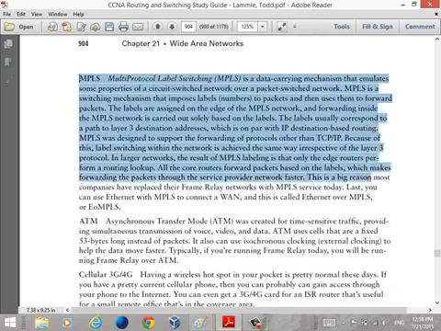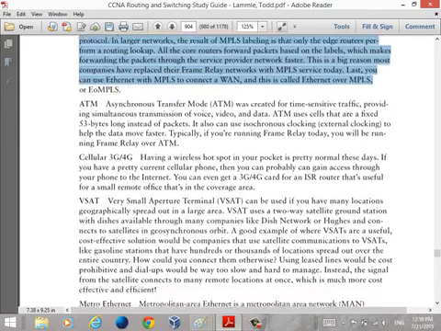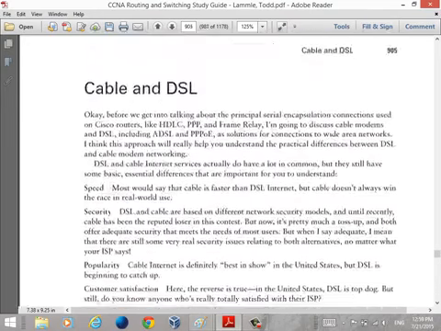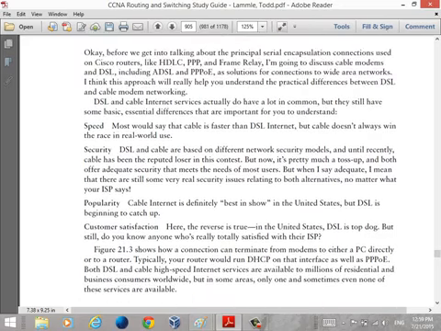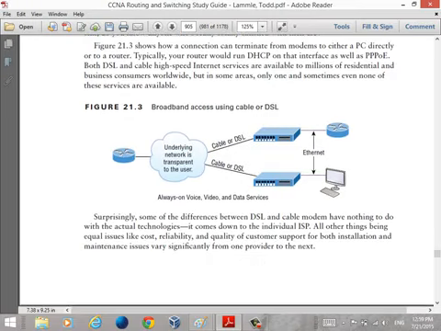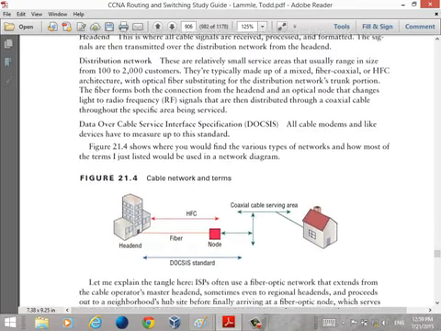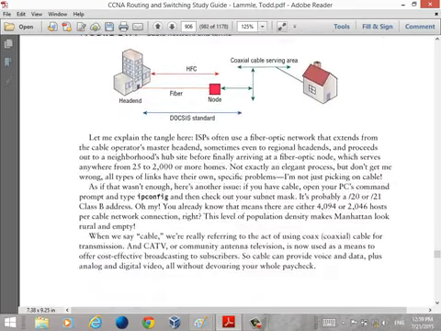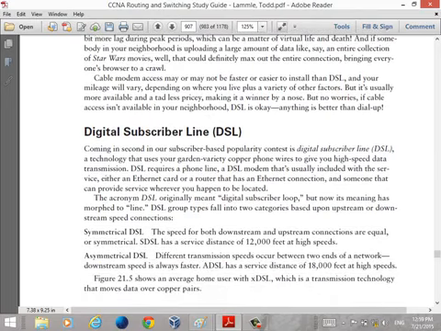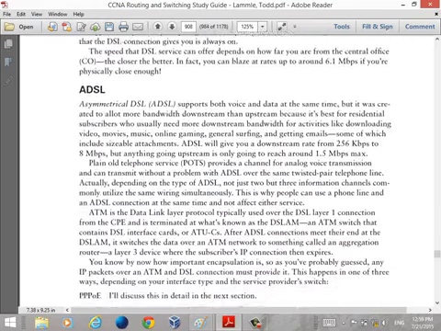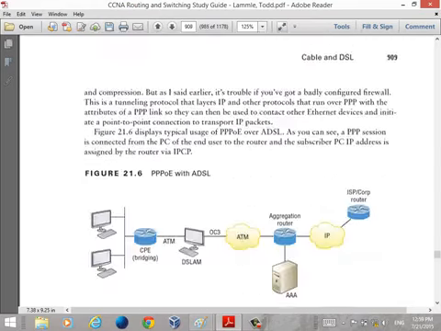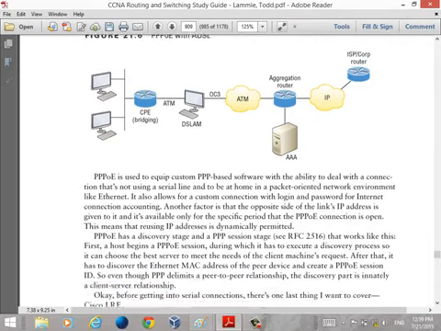You can read about MPLS if you want to read. Leave this topic, cable and DSL. Leave digital subscriber line, what it is. ADSL, leave this topic. There is no need to read. Leave PPPoE, we will discuss it in CCNP.